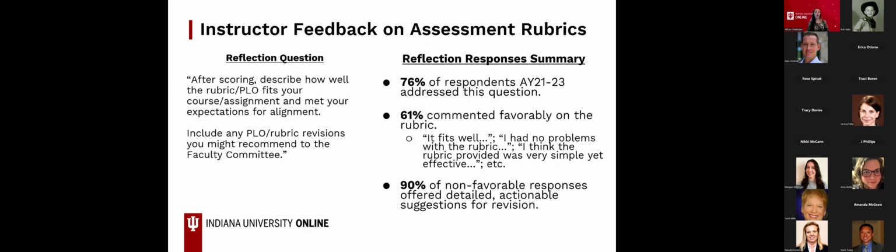So even more insights can be drawn from the feedback that they provide on those reflection forms. We specifically asked them, after scoring, describe how well the rubric learning outcome fits your course or assignment and met your expectations for alignment. Include any recommendations to the learning outcome or to the rubric you might recommend to the faculty committee.